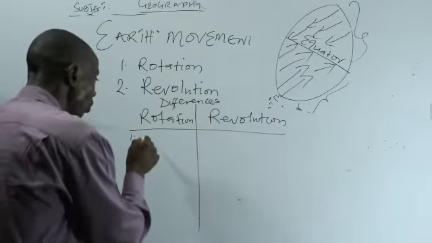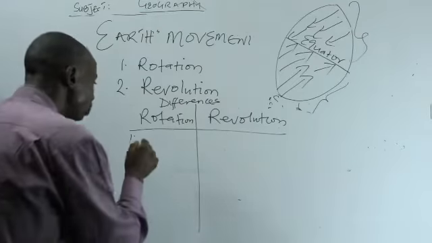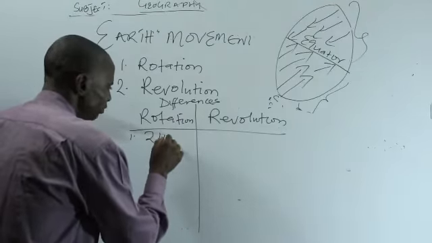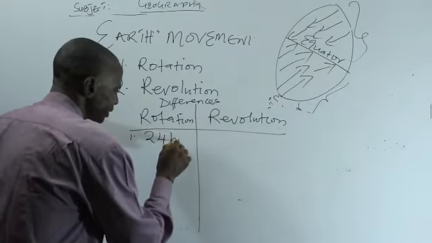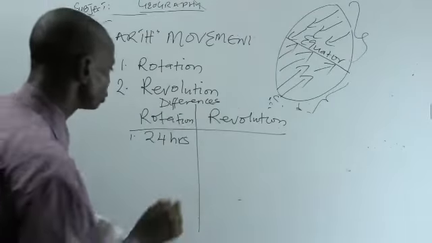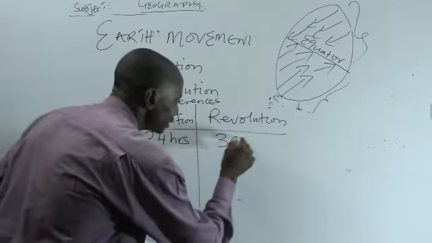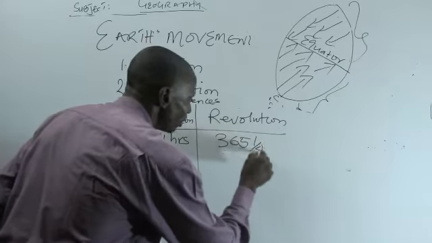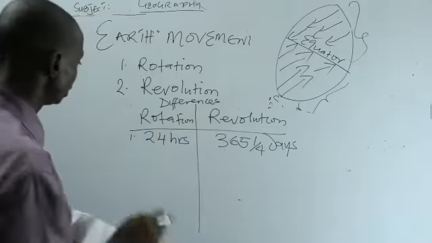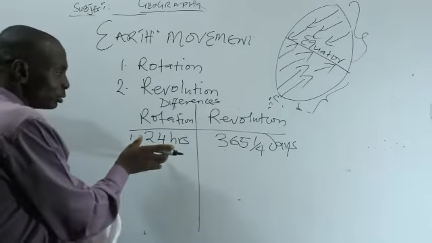One of the differences between rotation and revolution: in number one, rotation takes place within how many hours? 24 hours. What of revolution? 365 and a quarter days. Can you see? So we are talking about timing now.